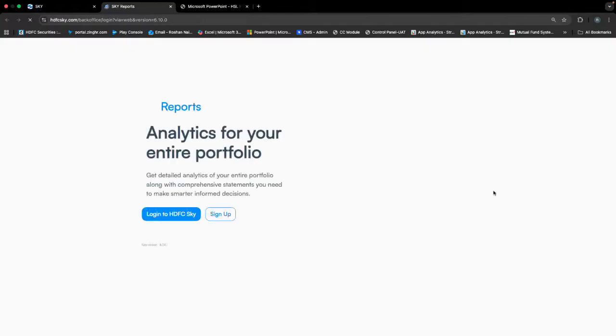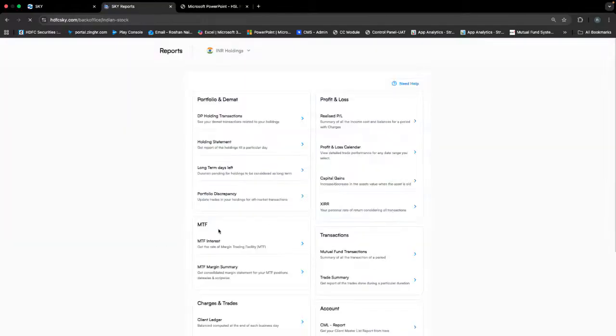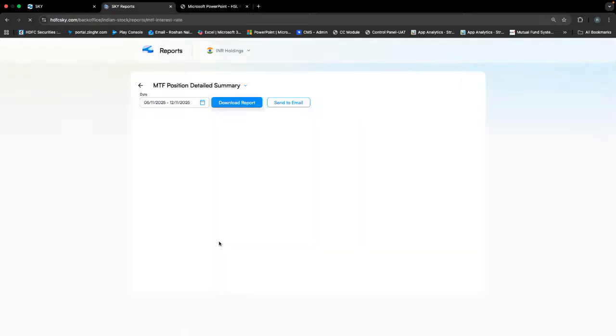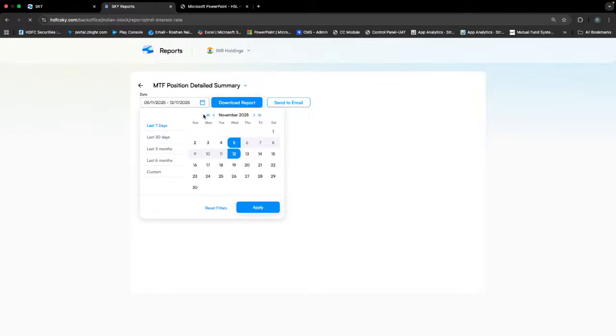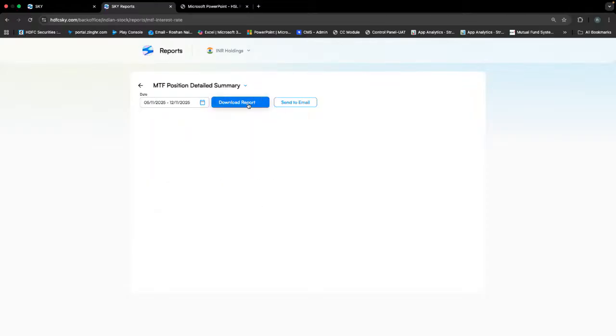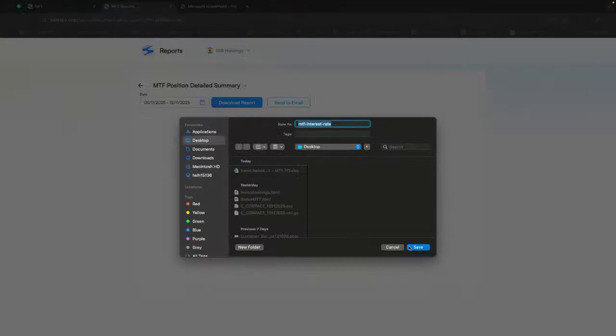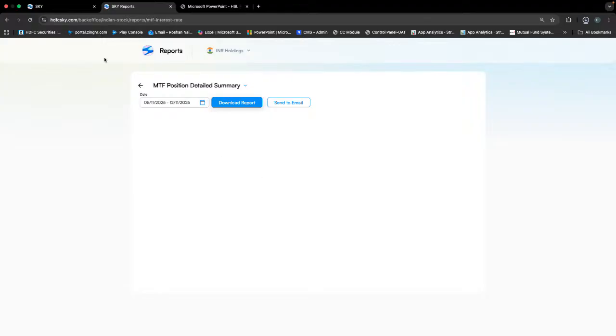Right. So going to Sky Reports, under the MTF tab, you can see MTF interest. I can click on it, and for whatever period, let's say for the last 7 days, I want to see what interest I have paid. So I can download the report here. So I'll just quickly show you guys that it's a very clear bifurcation.